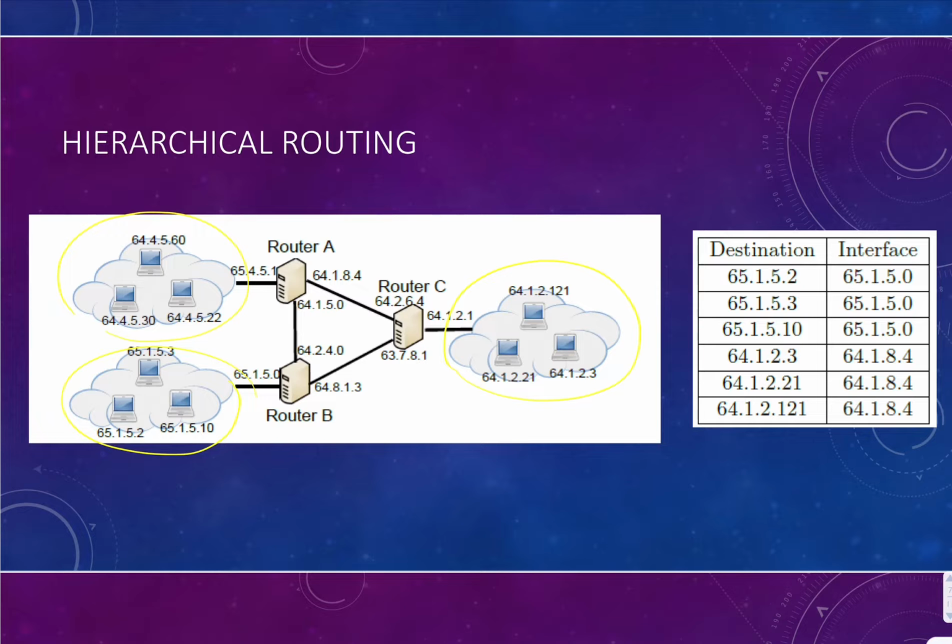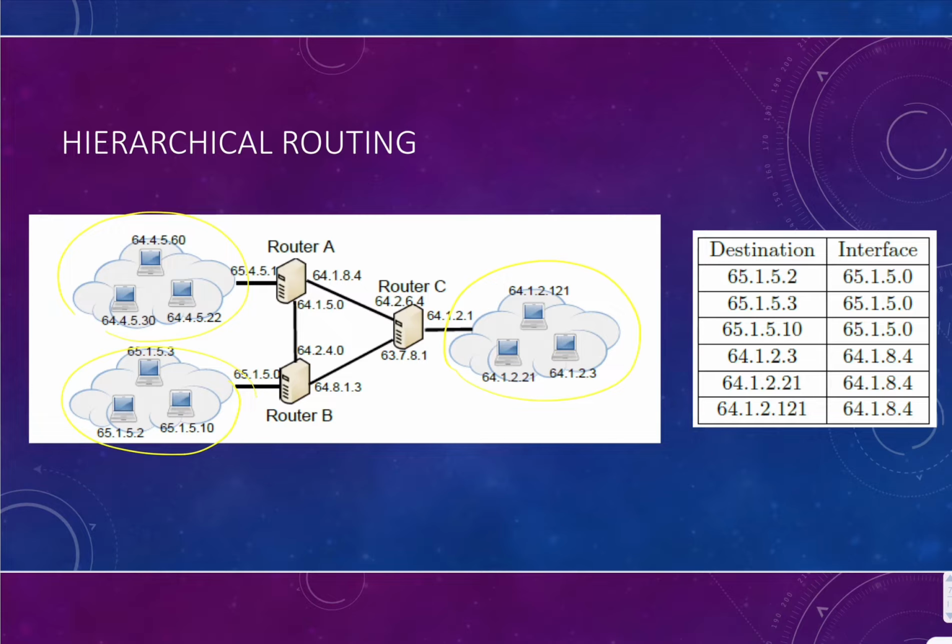Each autonomous system consists of a group of routers under the same administrative control and is associated with one or more CIDR blocks. Remember, CIDR stands for classless interdomain routing.